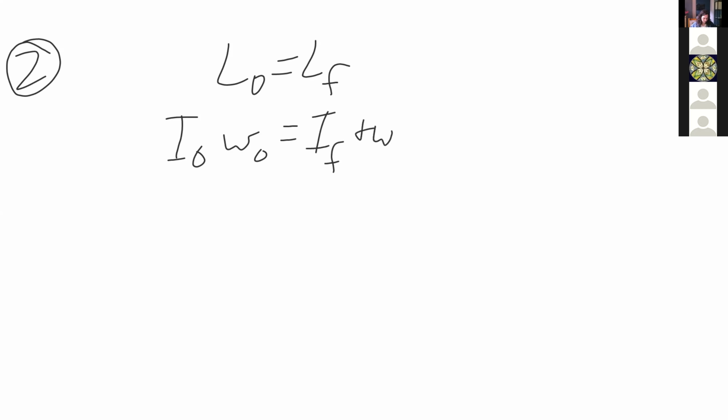Again, we'll have L initial equal to L final, which is inertia initial times omega initial equal to inertia final times omega final. Again, I'm given the inertia of the rod explicitly. I'm told that the inertia of the rod, which will be my initial inertia, is 0.1 kilogram meters squared.